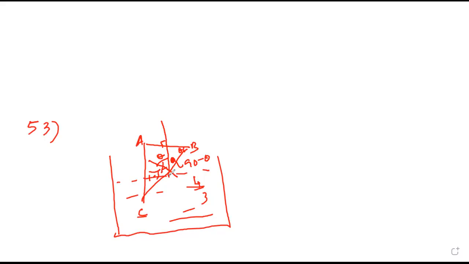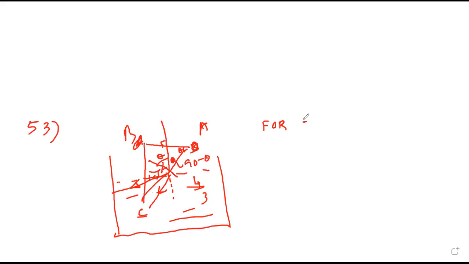What should be the value of theta so that it falls on face BC? So this is A, this is B, and this is C. It will come here only when there is total internal reflection.